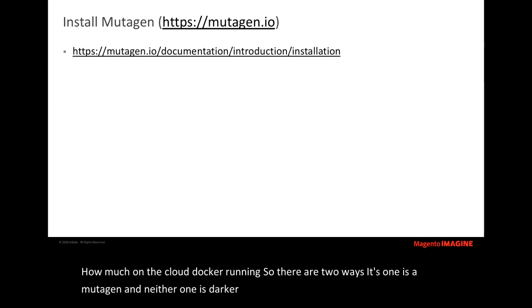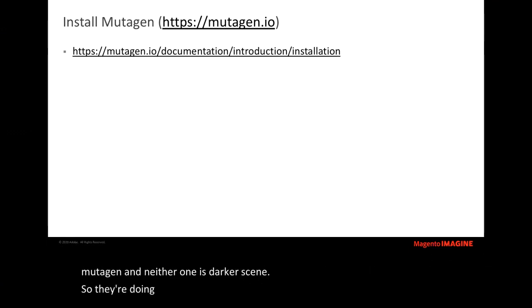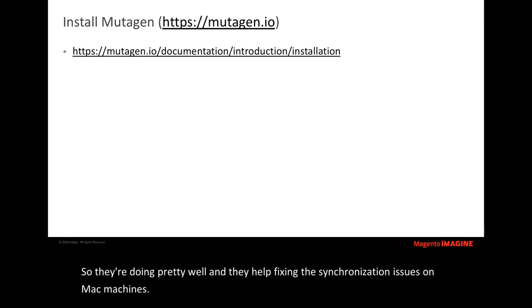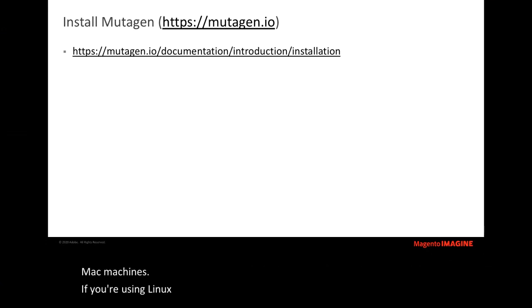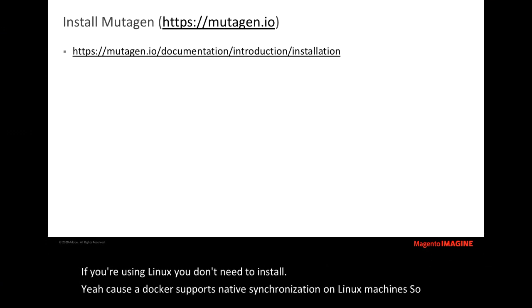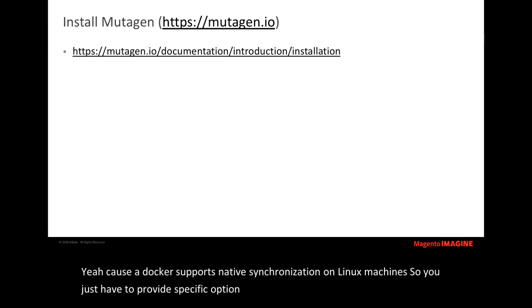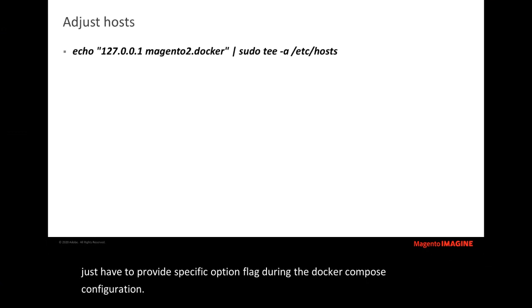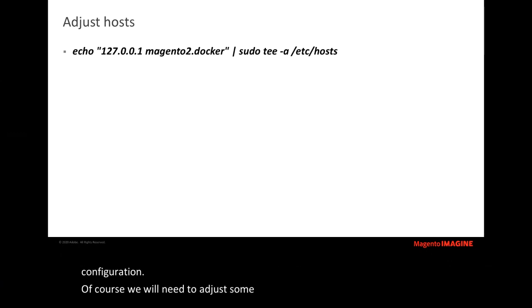They are doing pretty well, and they help fix the synchronization issues on Mac machines. If you're using Linux, you don't need to install Mutagen or Docker Sync because Docker supports native synchronization on Linux machines. You just have to provide a specific option flag during the Docker Compose configuration. Of course, you will also need to adjust some hosts on your local machine, which should be pretty easy to do.